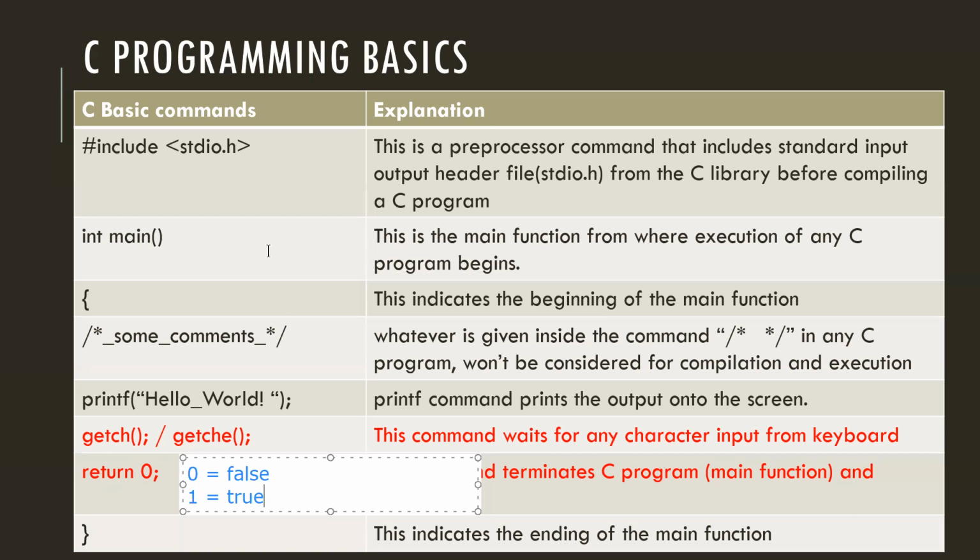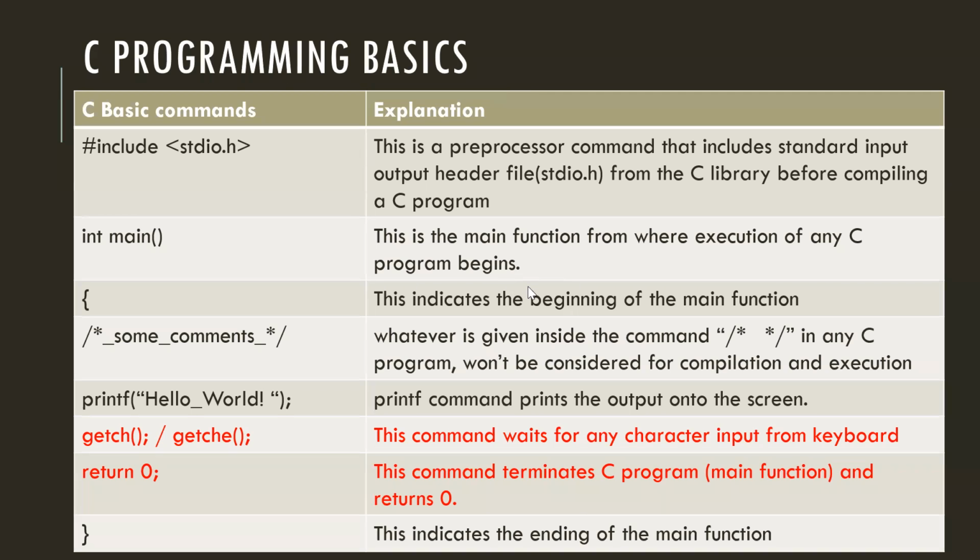Another meaning is that if you see 0, it simply means nothing. There is no more value. After that, it's the end of the program. That's why we use return 0.